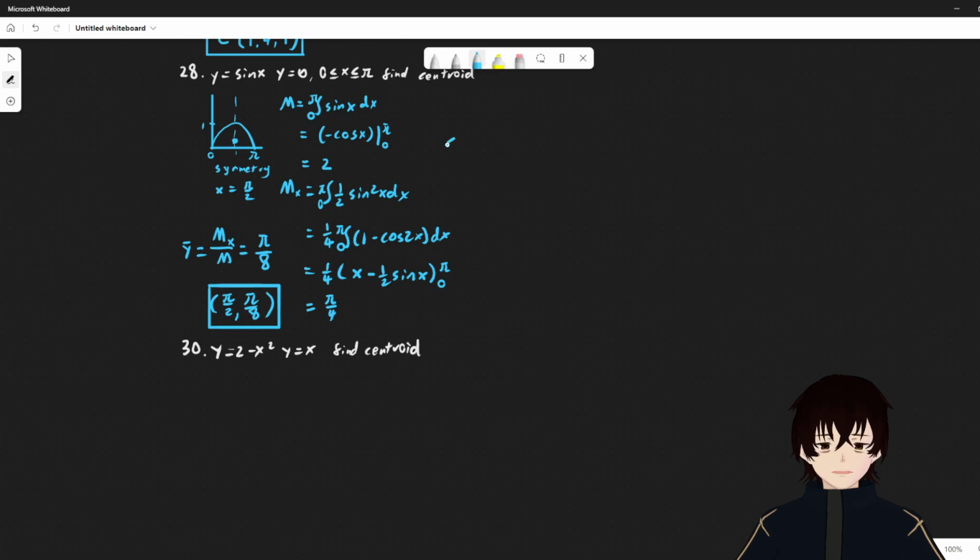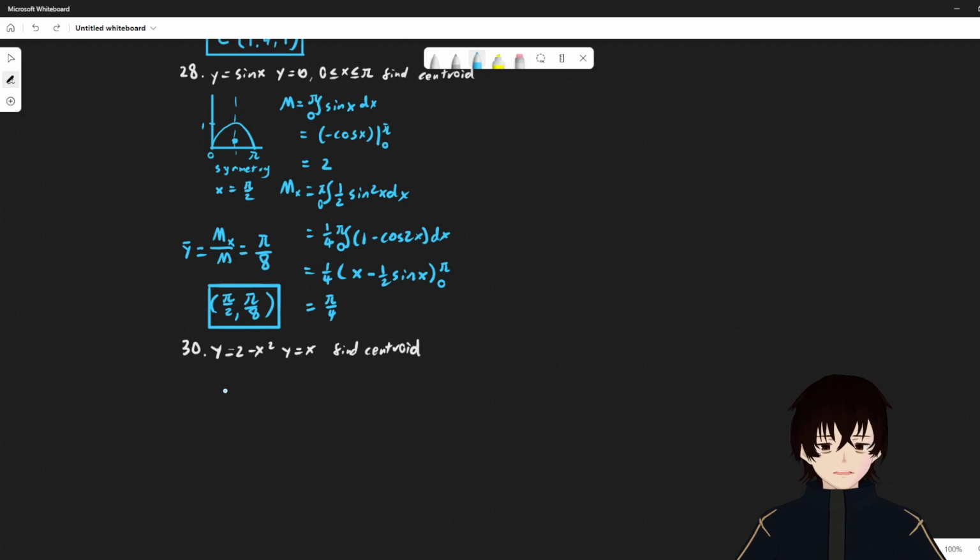Normally we would have density in front of everything, but because there's density in front of both mx and m, they cancel out. So when we talk about the centroid, where the density is the same all across the board, we don't need the density.